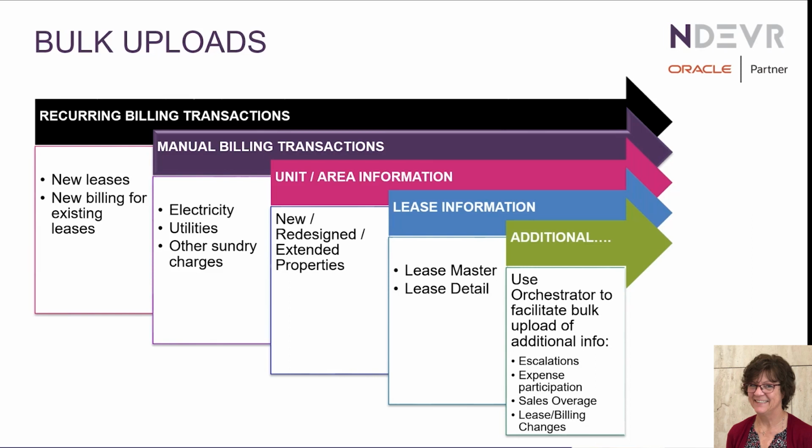If you get your electricity breakdown per tenant delivered in the form of a spreadsheet, for example, you can now load that into manual billing via the staging tables that are now provided. And also recurring billing transactions. If you want to load additional recurring billing transactions, they can also be loaded via these staging tables.